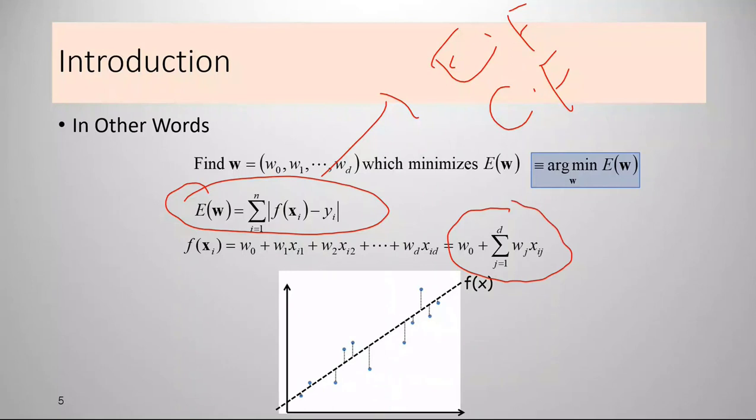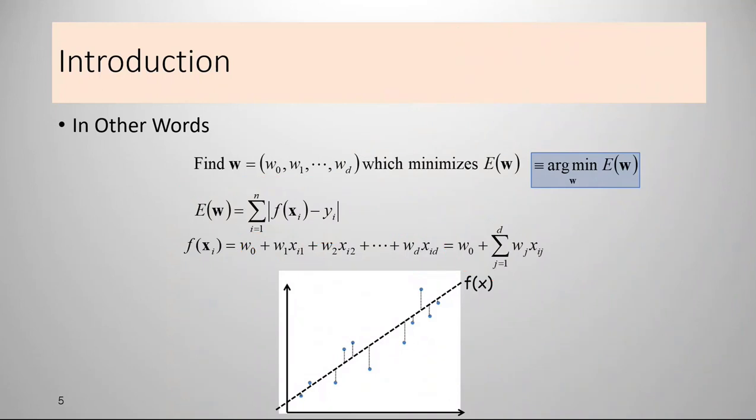So we can write this equation in an alternate way like this, because w0 remains the same and this summation is converted to this summation sign, from w1, from 1 to D, and w0 is here.